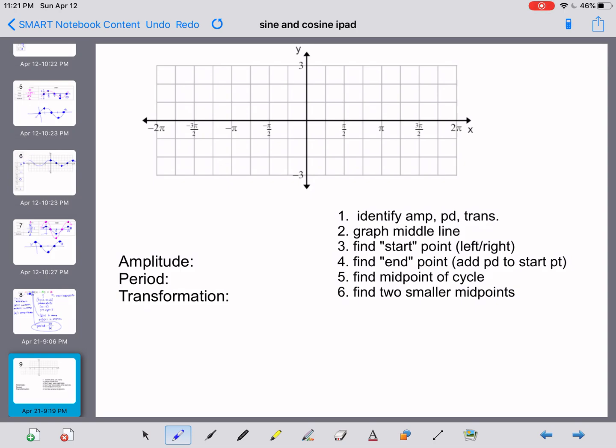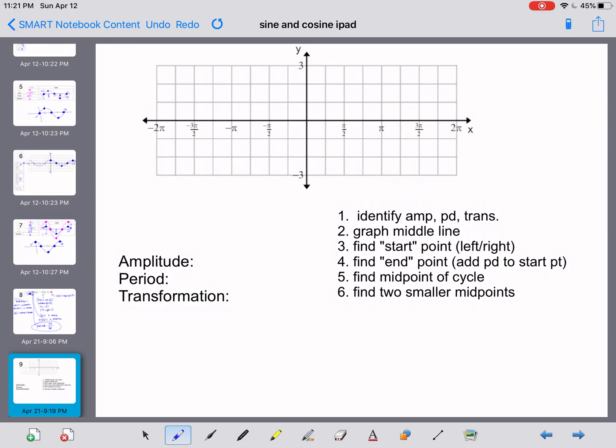My suggestion is to use loose leaf paper and use the horizontal lines of your loose leaf paper for counting 1, 2, 3 on the y-axis. And then on the x-axis, you would just label and draw tick marks exactly where I have them for this graph paper.